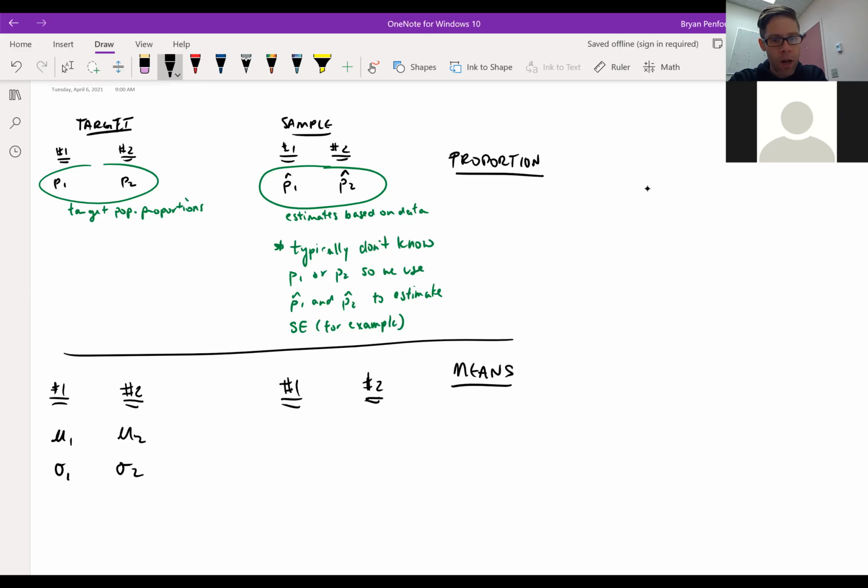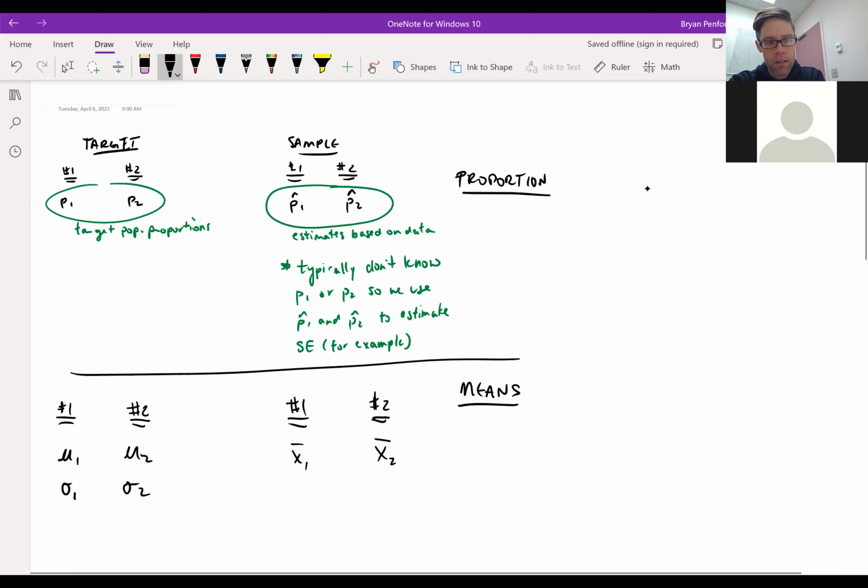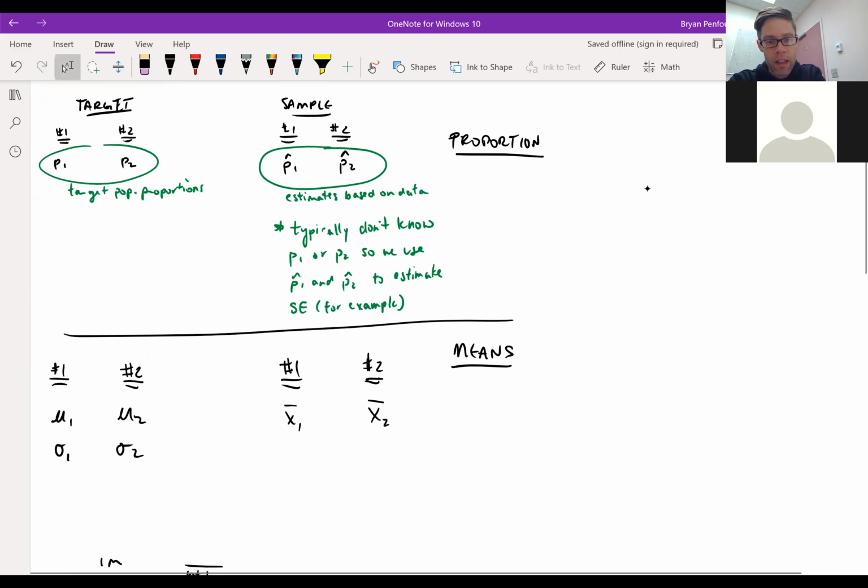So for our subpopulations, this usually comes down to using the averages to estimate the means. So we call that X1 bar and X2 bar. And then we use the sample to estimate the standard deviations as well. So we call this S1 and S2. This is very similar to what we called SX, the SX button essentially on our calculator.